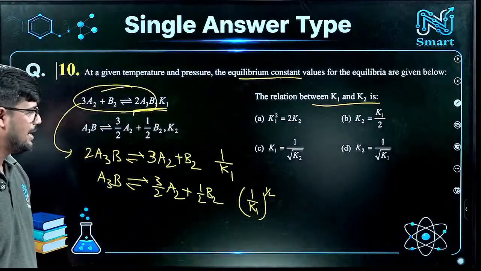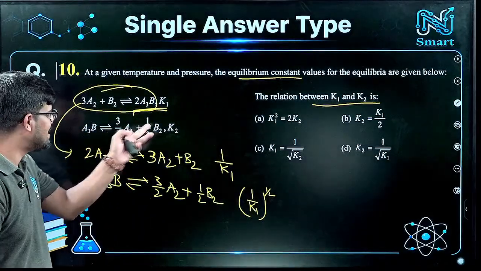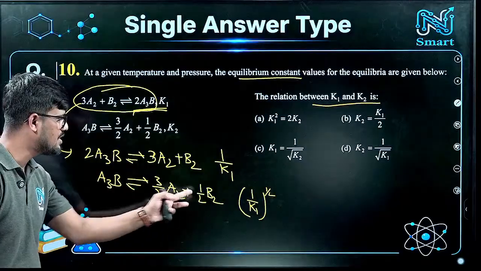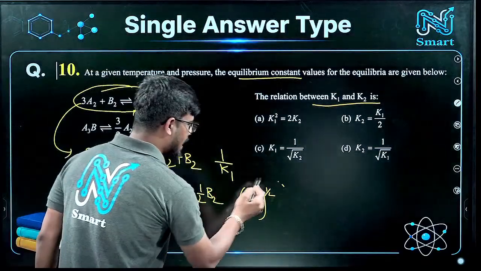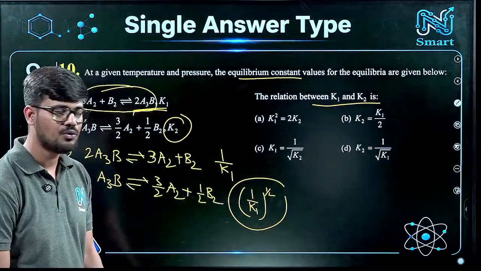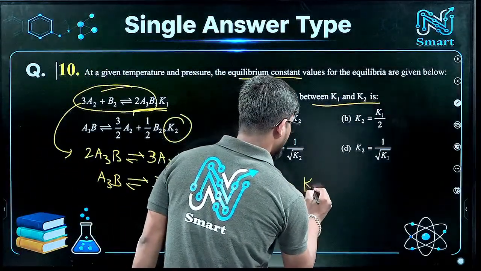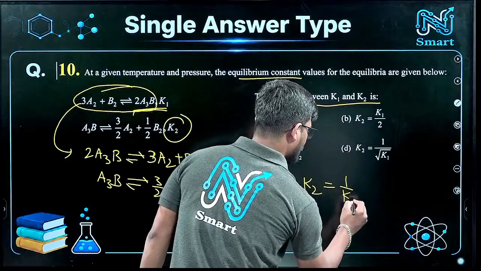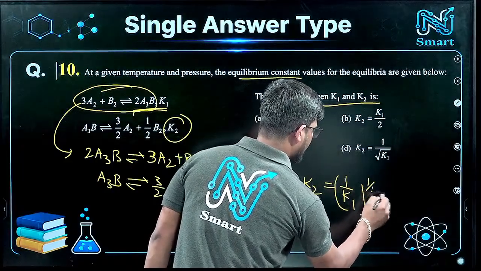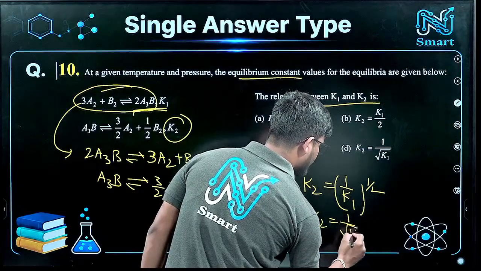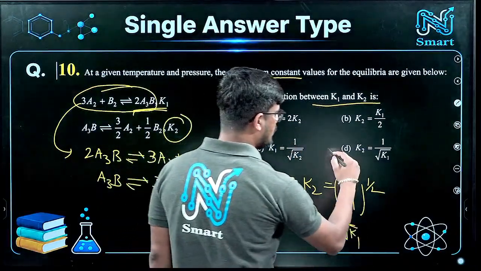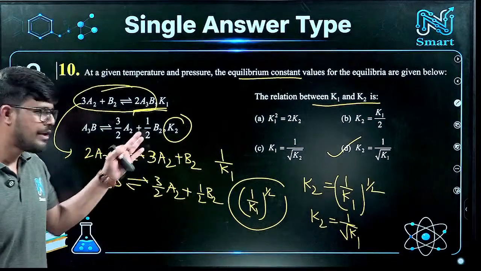Correct? Now just check this given equation and this equation, both are exactly the same, right? So that means K2 and this thing will be equal. K2 will be equal to 1 by K1 to the power half. That means K2 equals 1 by root over K1. So option D. So very easy question.